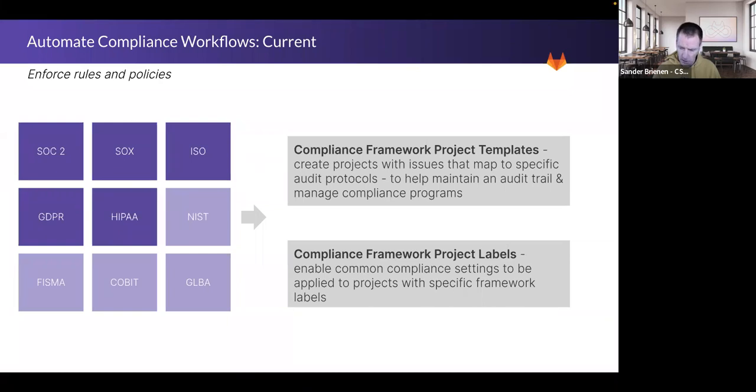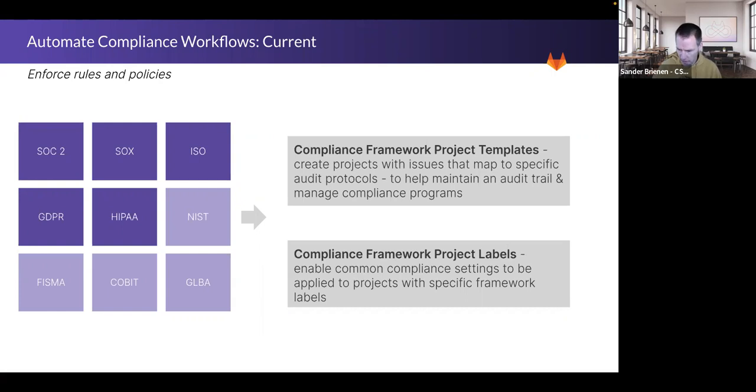Once the policies and rules are defined based on certain compliance frameworks, you need a way to enforce these policies. Compliance controls and automation of compliance workflow focus on enforcing policies and separation of duties while reducing overall risk. So you can see that GitLab offers the ability to create templates to enforce rules and policies.